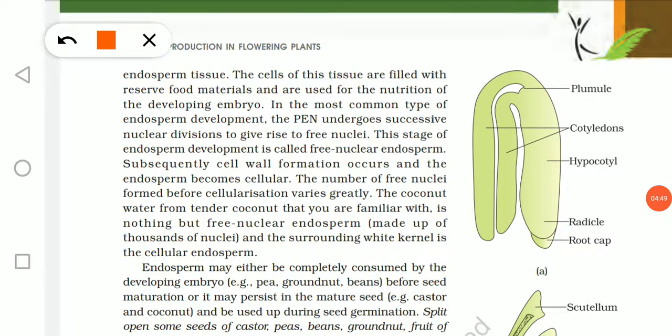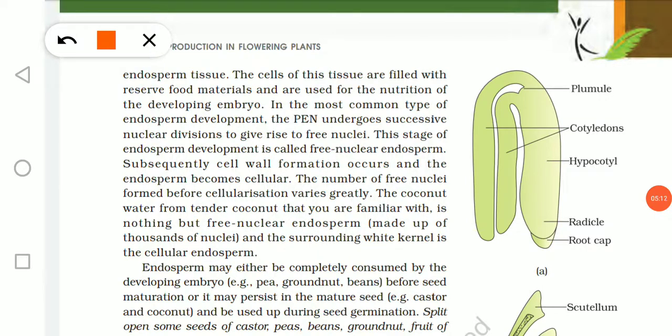The endosperm is always formed first and only then the zygote develops, because the endosperm is going to have your food reserve. Whenever there is growth, it requires nutrition, so the endosperm needs to be there.